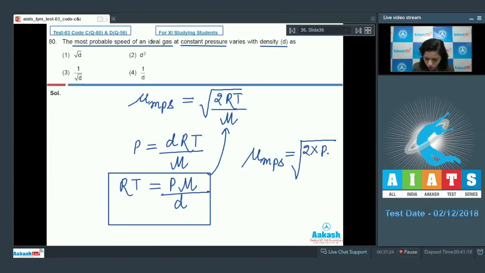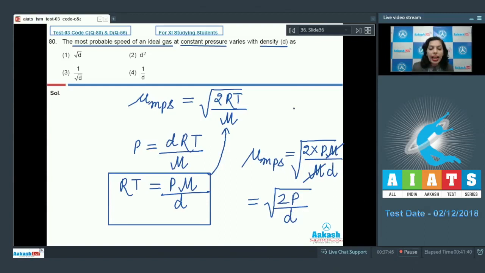root 2 PM by M into D. So this M would be cancelled and finally this value would be root 2P by D. So how would you relate this UMPS with density?